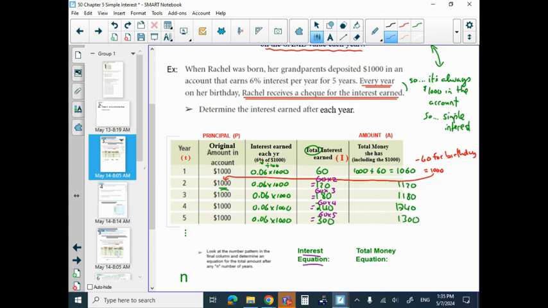So the interest equation is basically just the interest. Now the 60 comes from the actual rate, right? This is the 0.06 times 1,000. Which if you think about it, that's your rate times the money, sorry, not time.